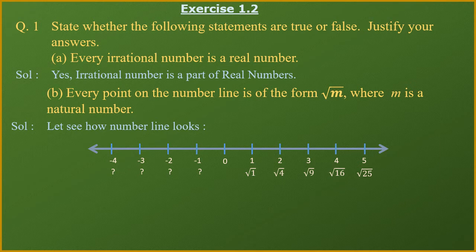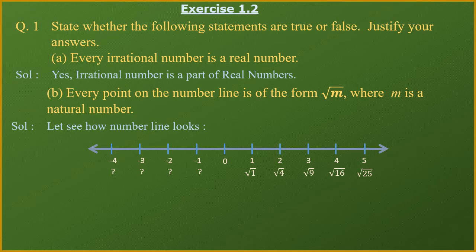And one more thing, I am talking about only integers, but if I talk about decimal numbers, for example a number between 1 and 2, if I take 1.5, that number also I cannot write in the form of root of m, because that may not be the square root of any other number.